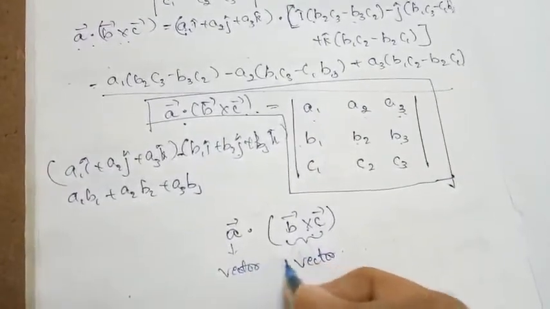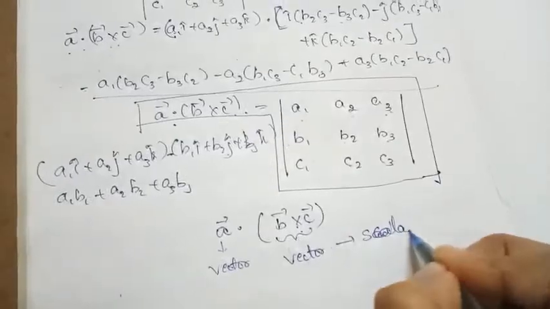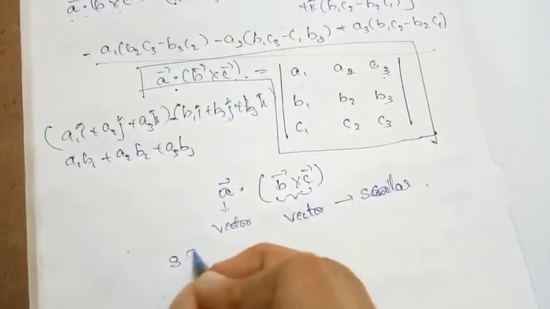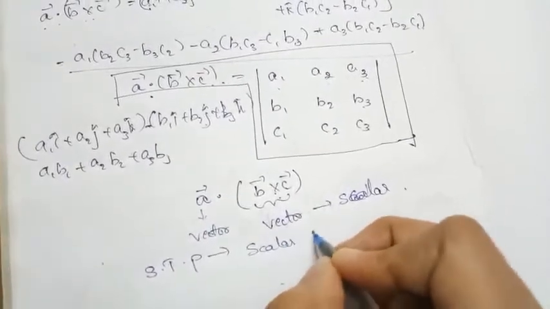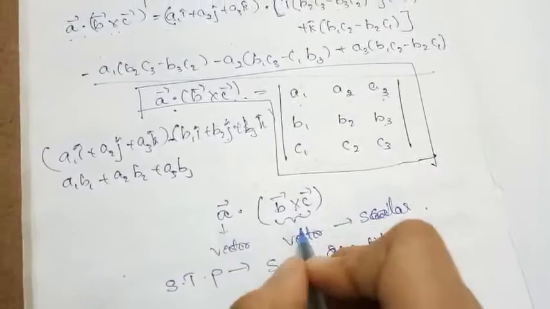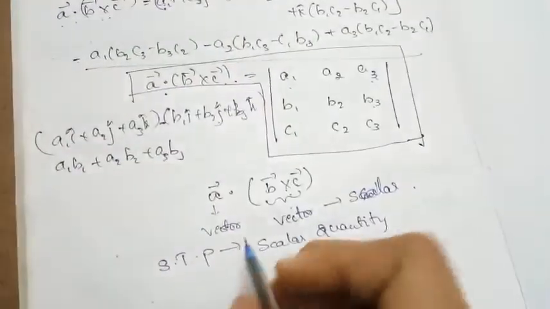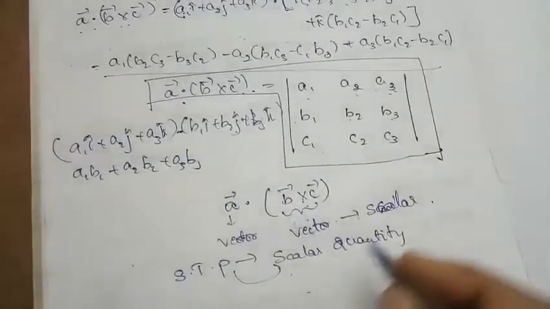The dot product of vectors is always a scalar. So it is clear that the scalar triple product is a scalar quantity, because the dot product of two vectors is always a scalar.